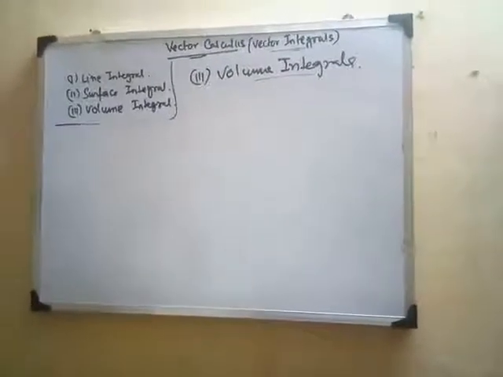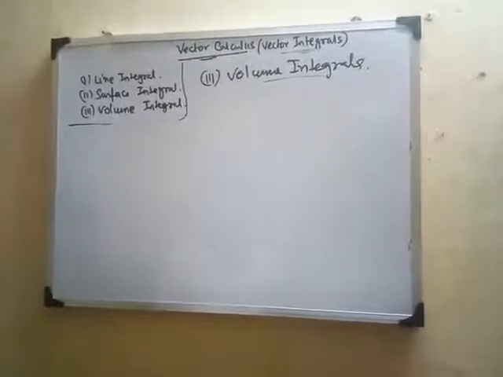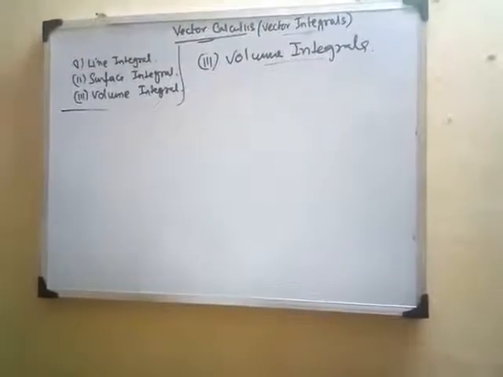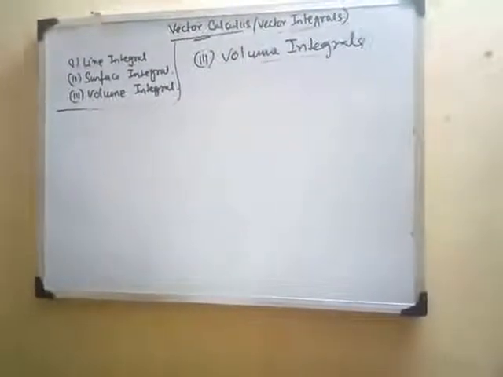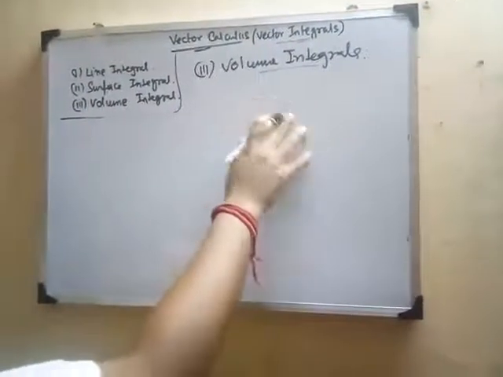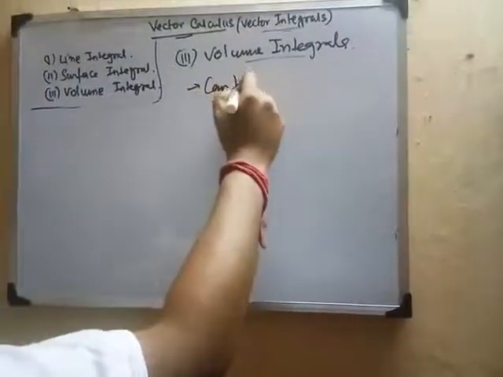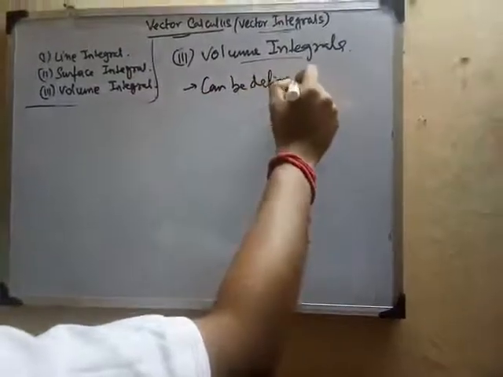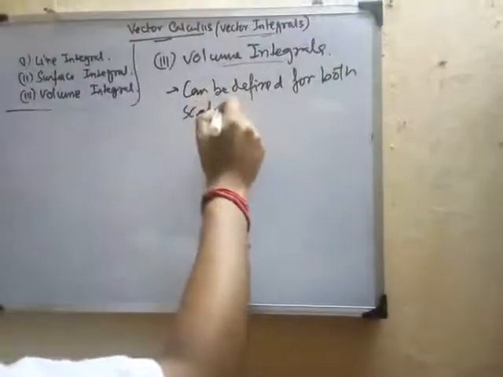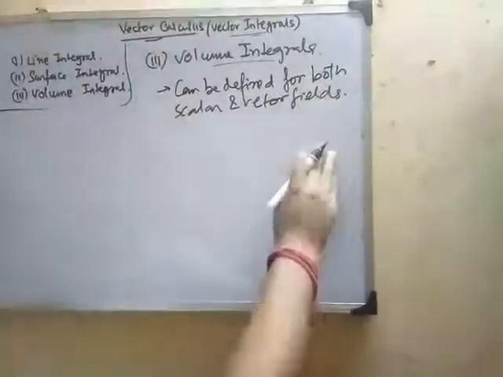For a volume integral we need a solid body, it can be a sphere, a rectangular parallelepiped, or a cuboid. This volume integral can be defined for both scalar and vector fields. This is your first point to note.